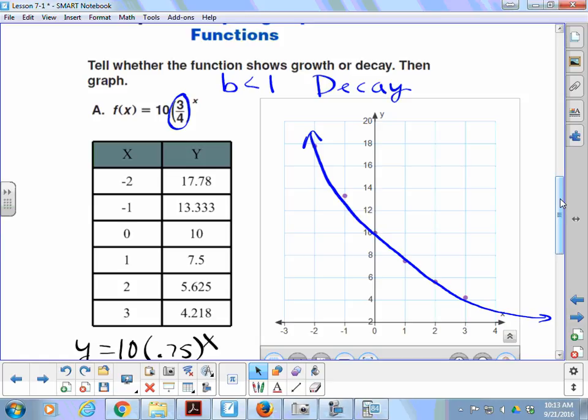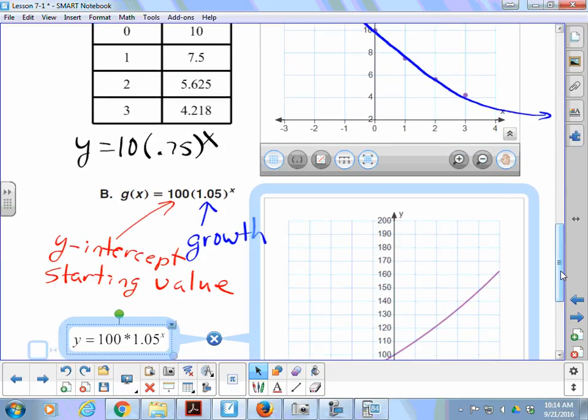So both of those numbers, when we talk about the growth rate and decay rate, work from 100%, or 1. Since 3/4 is 1/4 less than 1, we say we have a 1/4 decay rate. And since 1.05 is 0.05 greater than 1, we have a growth rate of 5%.